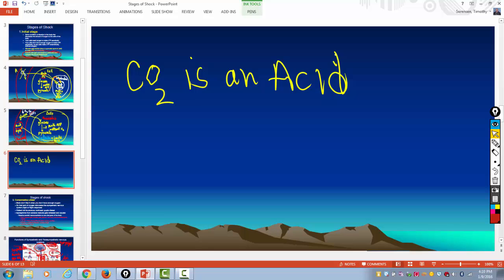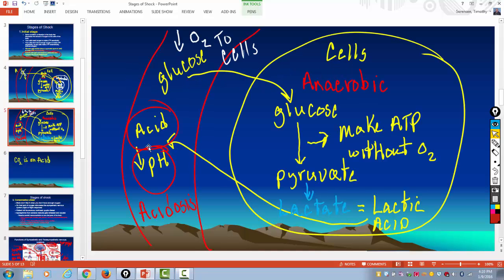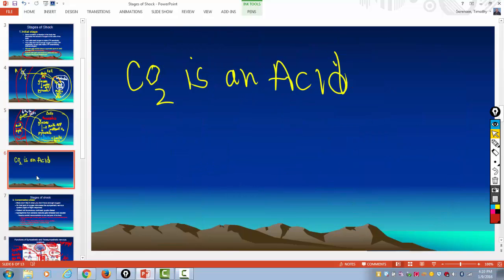So if the cells are making acid through the formation of lactic acid, in order to maintain that pH, in order to compensate for the acid that's being made at the cells, the respiratory system has to compensate. So if you're making acid at the cells, you've got to get rid of it at the lungs.